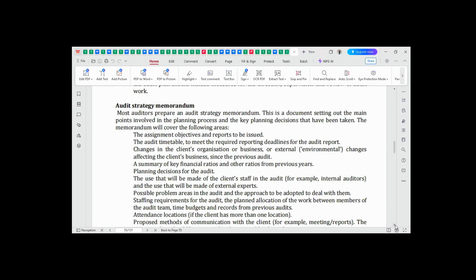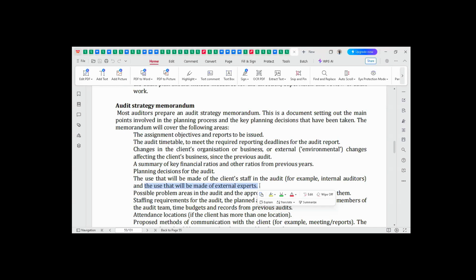All right. Then he also needs to make use of external experts. Who are external experts? According to ISA 620, an auditor's experts are organizations or individuals that possess competence in other fields outside accounting and audit, which we have discussed in chapter 1, right?